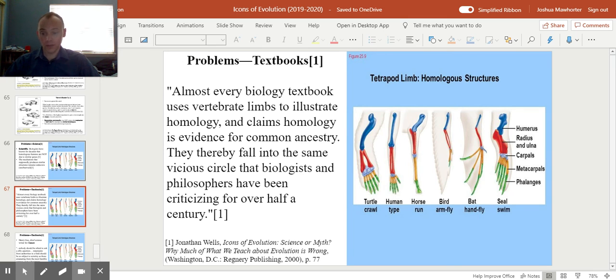Philosophers and scientists criticize this very often, but it still shows up in biology and other textbooks as evidence for evolution. And so the case is supposed to be that the evidence for evolution is overwhelming. But when you use these types of arguments to convince people, you're convincing them with something other than the truth, and therefore it does not become knowledge.